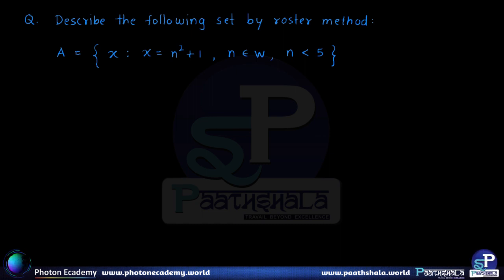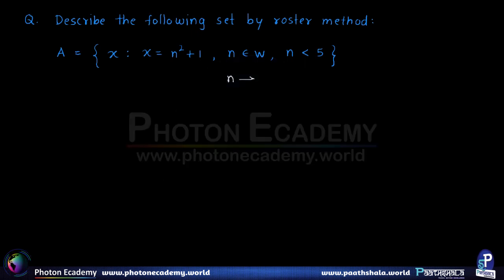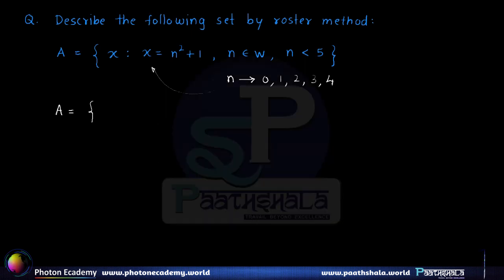So if you see, n is a whole number and n is less than 5 means it will start with 0 and will go up to 4, because that's the only allowed value of n. Now with this n we generate x, so A will be nothing but, when we have n equal to 0, you put 0 square plus 1, that gives us 1.